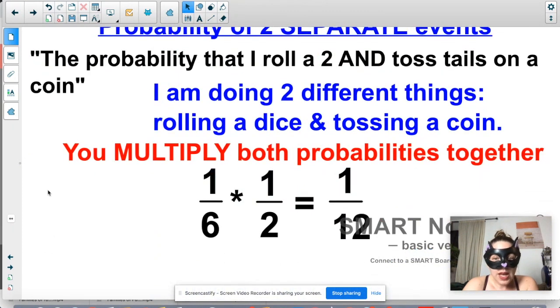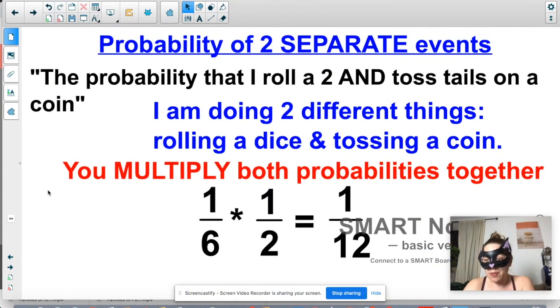Okay. If we have two completely separate events that don't have to do with each other, for example, I roll a dice and I toss a coin, what's the probability that those two things would result in, let's say I roll a 2 and I toss a tail, and both those exact things have to happen when I roll the dice and toss the coin.